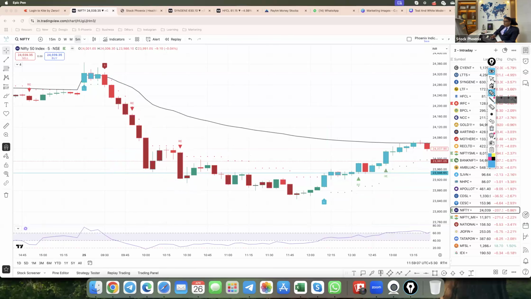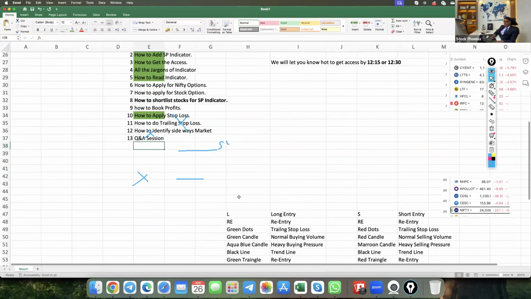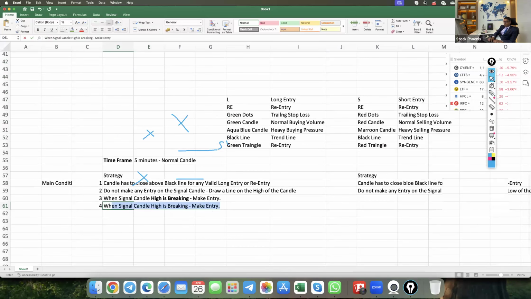Now, when you are trying to make an entry, this is the re-entry candle, this is the entry price, this is the stop loss. This has to be avoided. When the signal candle is big, avoid entry.